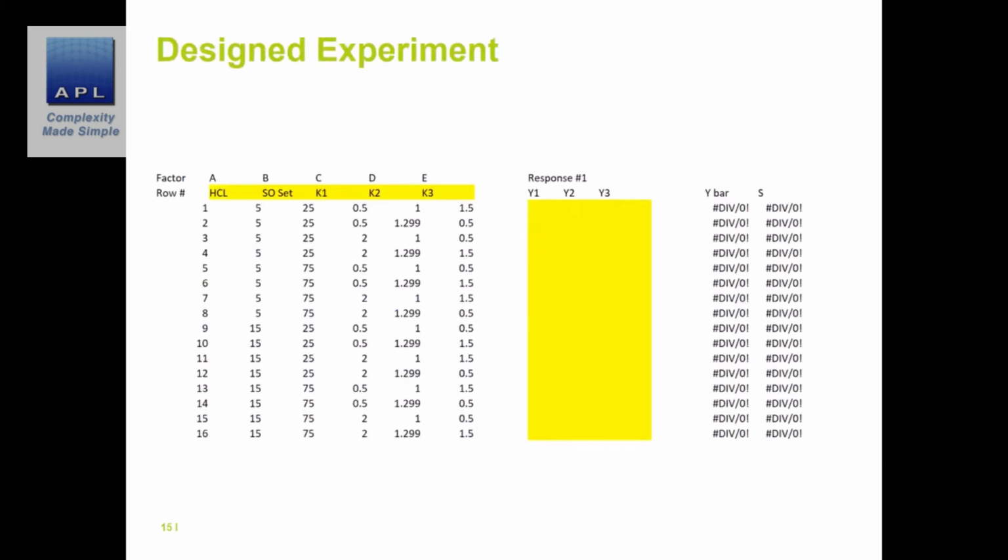So here's the 16 tests. You can see, look, what we've done in each test, we've gone high and low in each column. High and low for the HCl set point, high and low for the SO2 set point, the K1, the K2, the K3, they've all gone high and low in a particular special pattern. This pattern is the fastest way to find out.